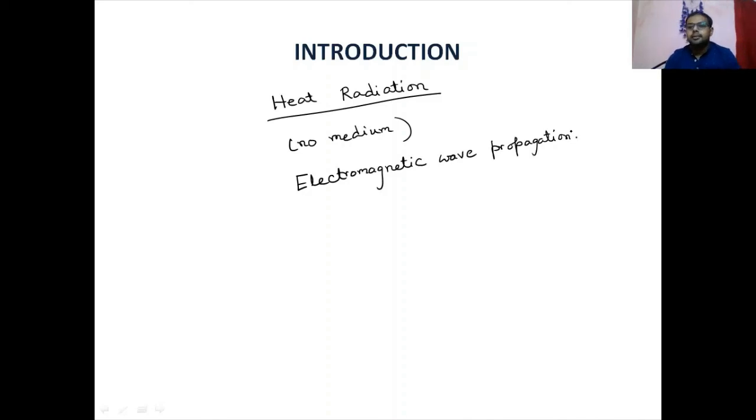The example is how heat comes from the sun to the earth. The mode of heat transfer is radiation, because this heat comes entirely through the vacuum; there is no medium. So for heat radiation, there is no requirement of a medium. It happens in the form of electromagnetic wave propagation.